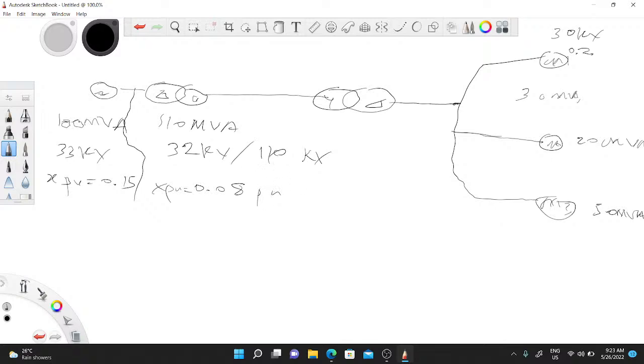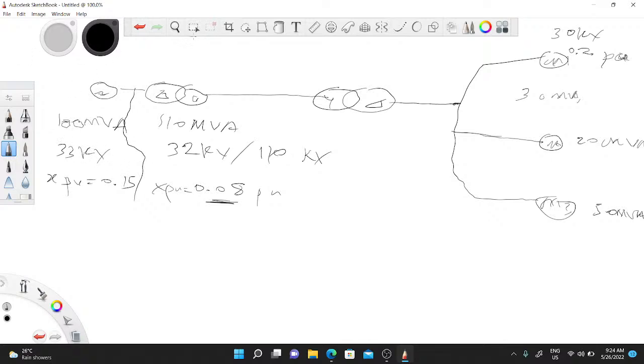Now, pay attention. This is what I was talking about. These components or devices have their per unit ratings here, 0.2 per unit, yes. But these per unit values were gotten at their corresponding base values. And now they say find a new reactance using these new base values.